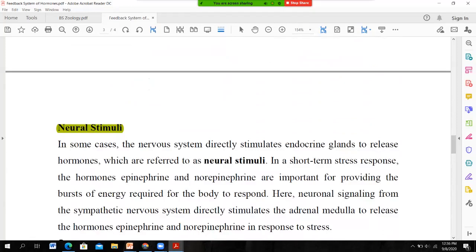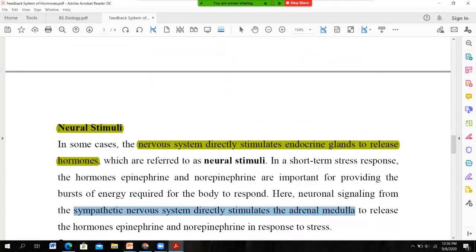Neural stimulus is when the nervous system directly stimulates the endocrine gland to release hormone. For example, in a stressful event, the sympathetic nervous system directly stimulates the adrenal medulla to release epinephrine and norepinephrine. So here the stimulus is of neural origin.